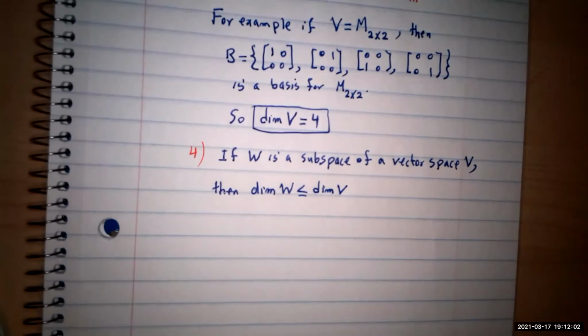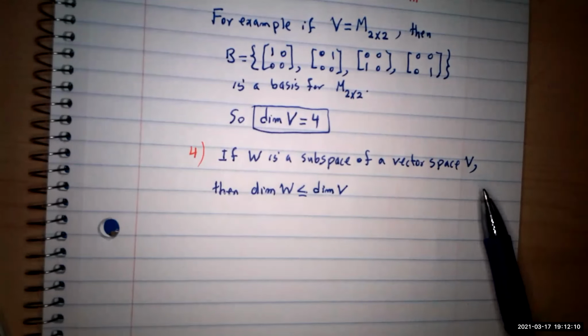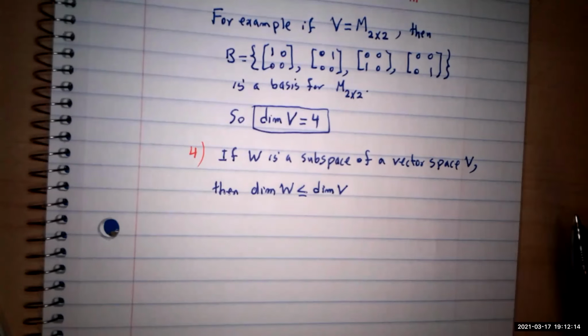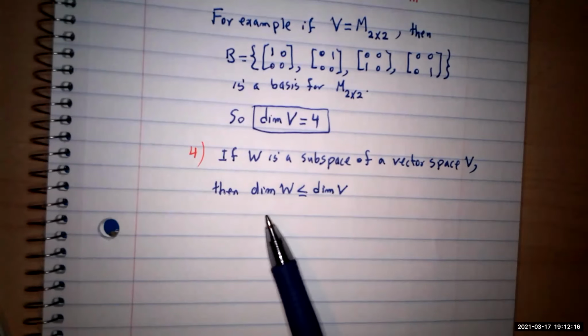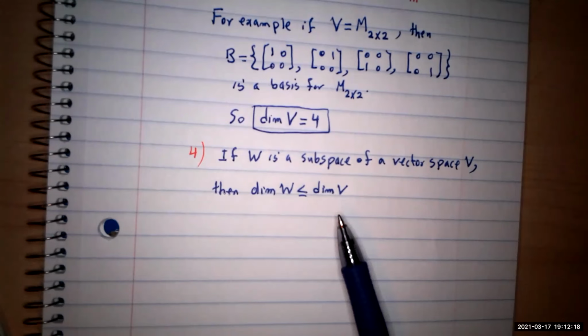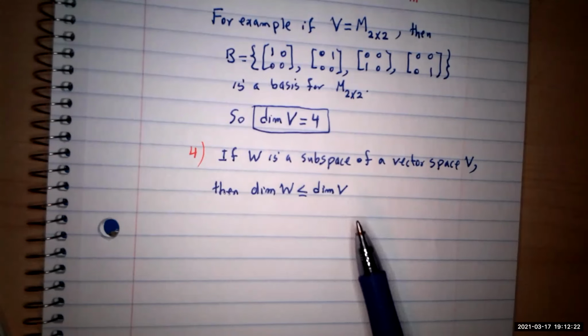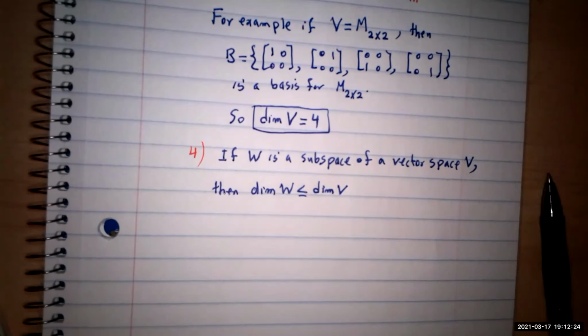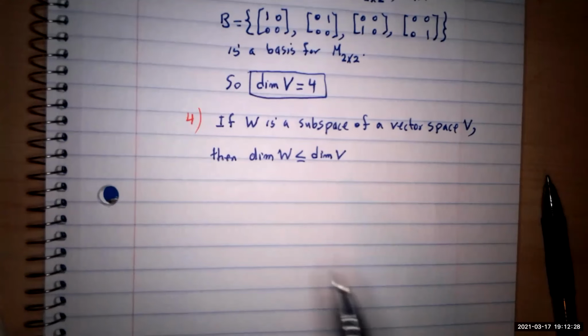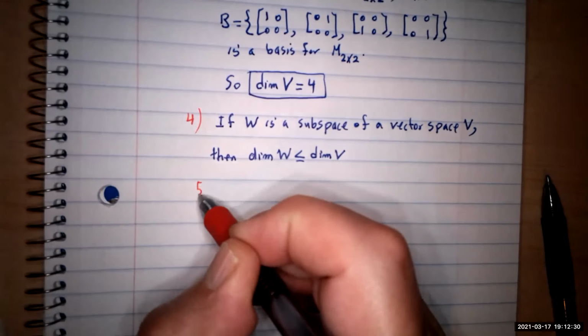So the subspace, you know that when you consider the bases, it is going to be less than the basis of V. It may be equal, but it cannot be greater than. So that's why the dimension of the subspace is always less than or equal to the dimension of the full space that we're going to have. So we can use it as a conclusion.